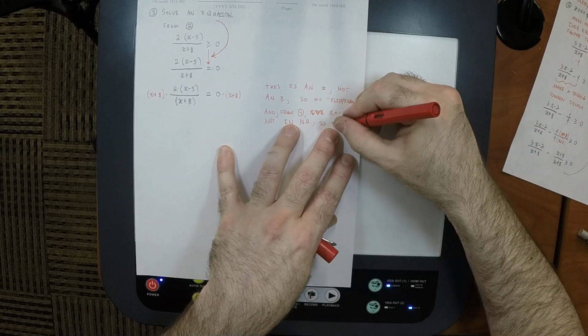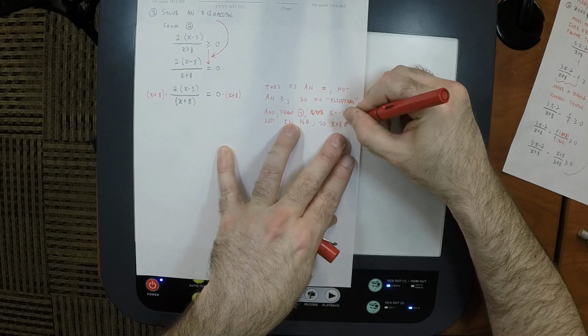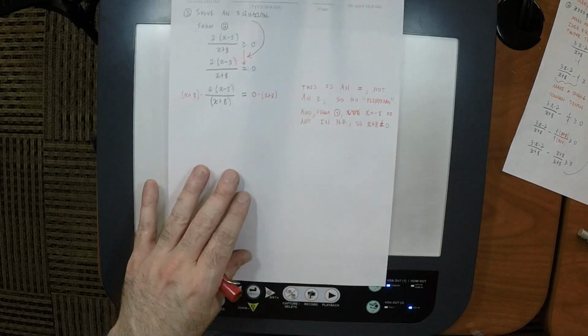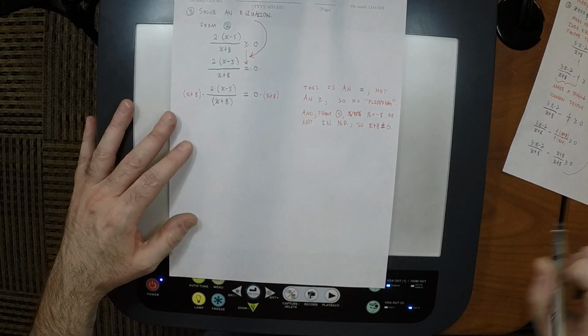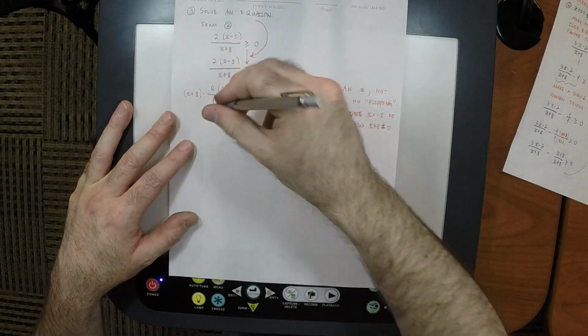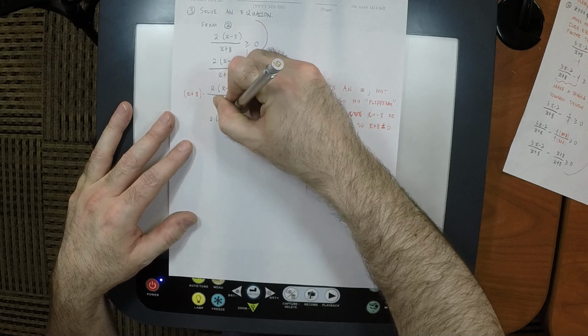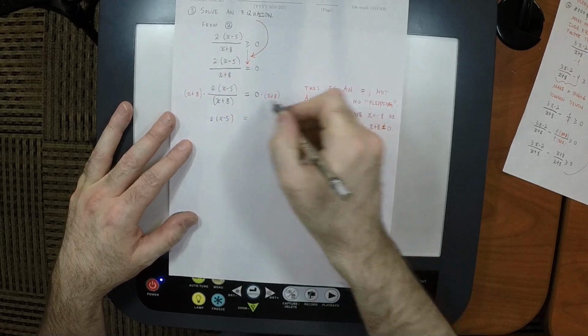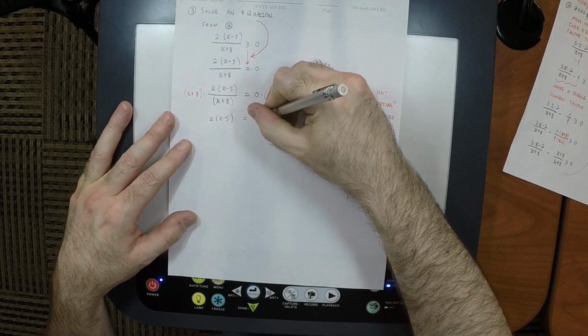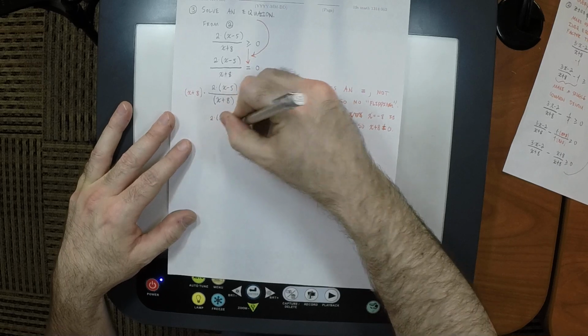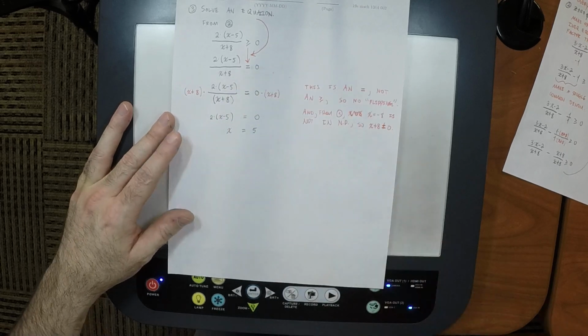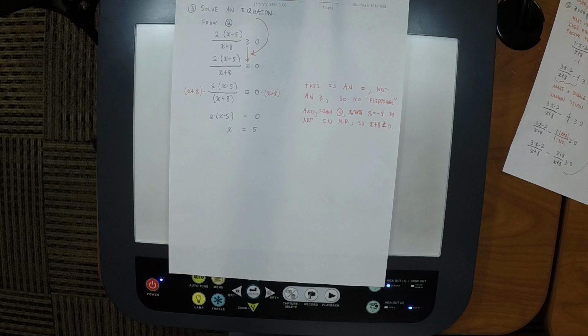So x plus 8 cannot be 0. All right. So then the x plus 8's cancel. So then we have 2 times x minus 5 is equal to, well, 0 times that is still 0. So the only answer is just 5. All right. Any question about this?